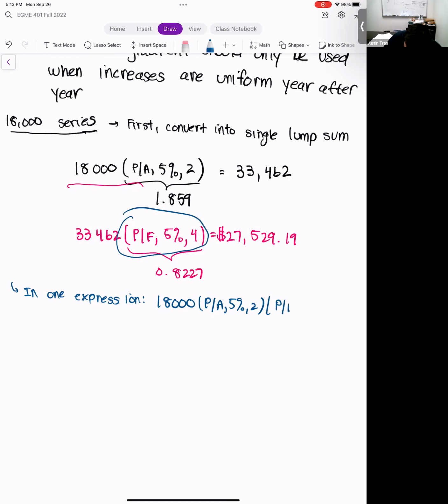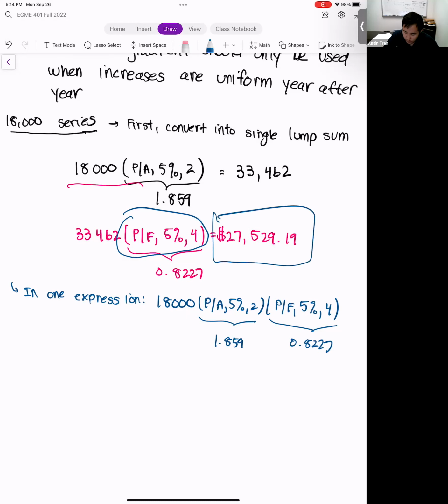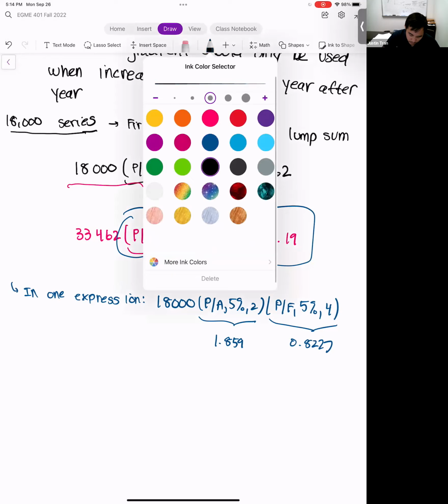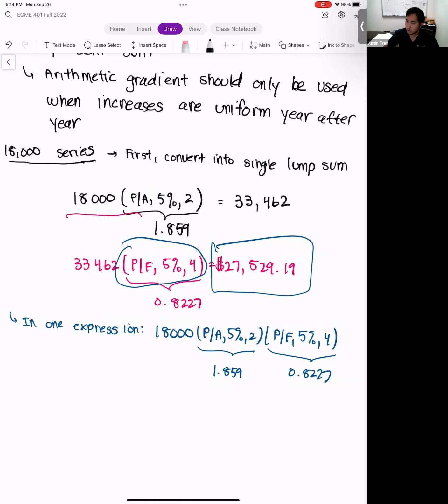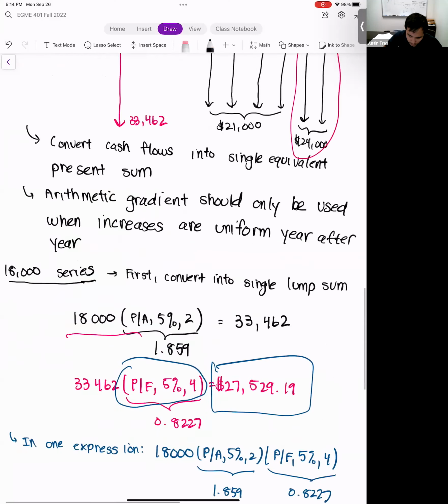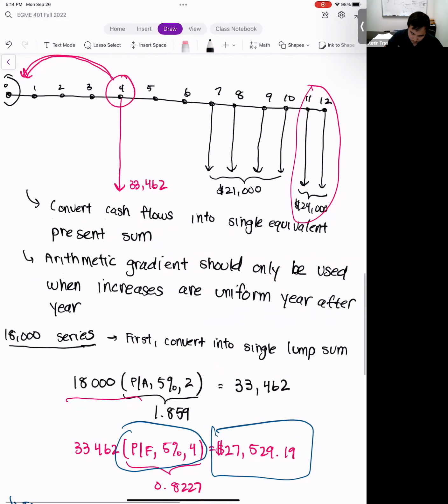So this is going to be P over F, 5% and 4. Okay. We can plug in for these. And so this is 1.859, 0.8227. Okay. And if you perform this arithmetic, one after the other, what you should get is 27,529.19. Okay. And so that's just an example of the example that we did earlier. Right. So let's go ahead and repeat this 2 more times.